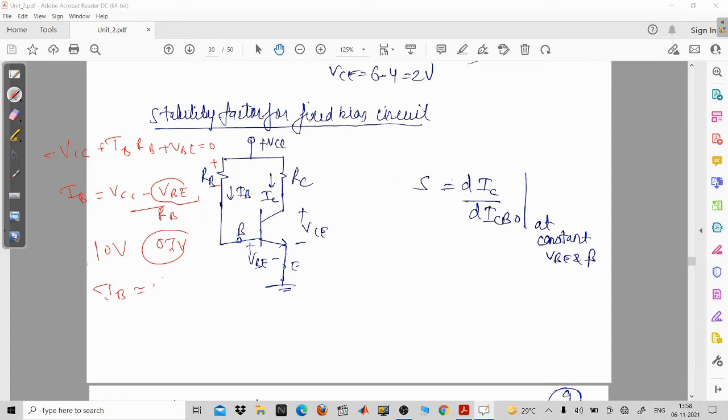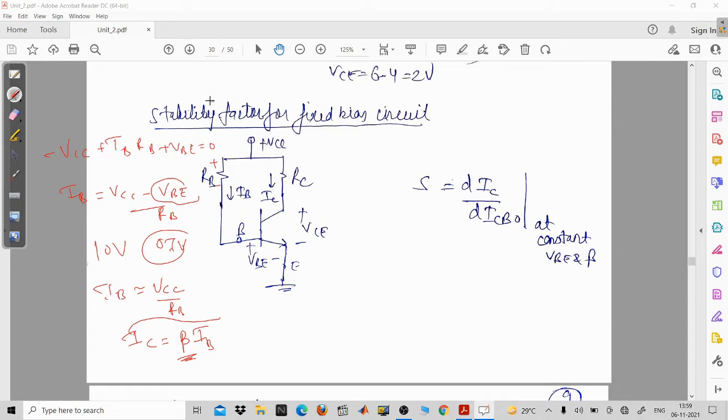We can say it is nearly equal to VCC upon RB, and IC will be equal to beta into IB. Everything will be the same, provided you have not changed your transistor. When you change the transistor, the parameter that changes is beta, and when beta changes, there will be a variation in the IC value.